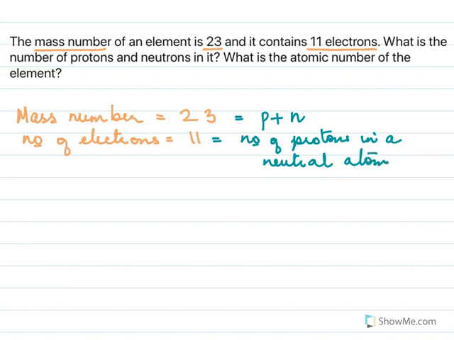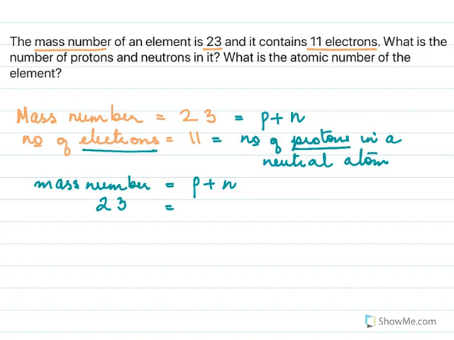So we want to find the neutrons now. So let's do the sum. We said mass number equal to protons plus neutrons. Now mass we know is 23. The electrons are given, but the number of electrons is also equal to the number of protons in an atom.